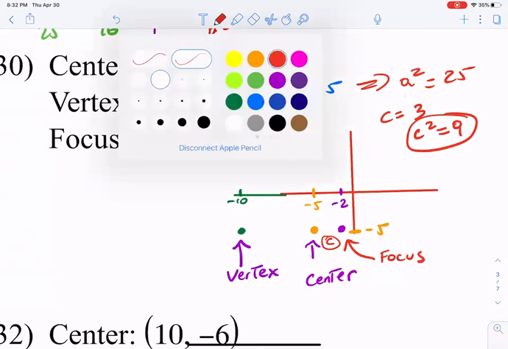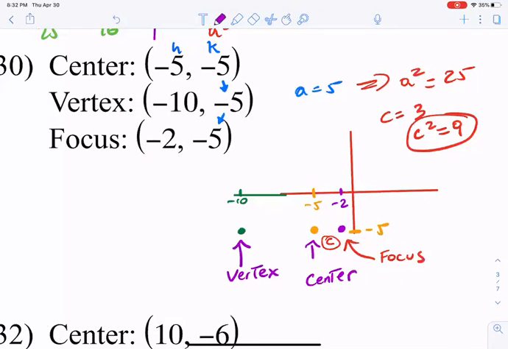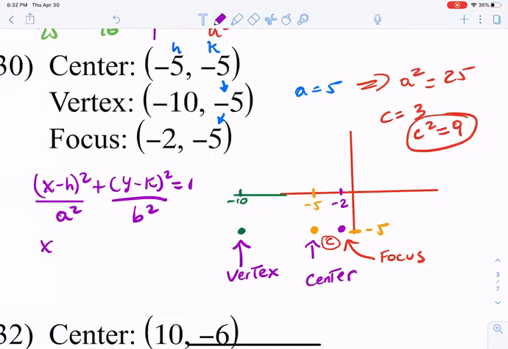So B squared, and we already know that this is horizontal, right? Let me write that down for you. We know that this is x minus h squared over A plus y minus k squared over B equals 1. So it's x plus 5 squared plus y plus 5 squared equals 1.